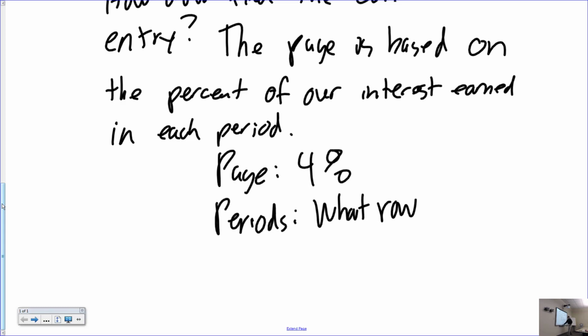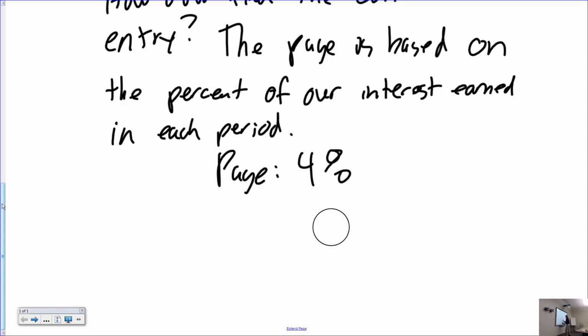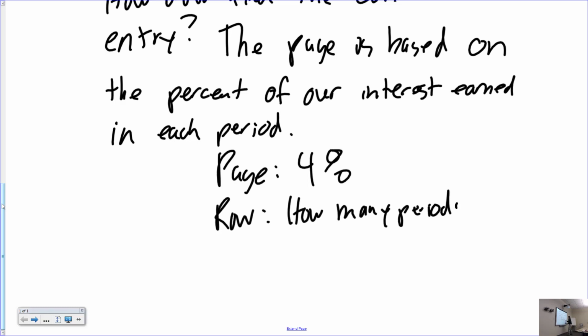I will call this what row to look on. And this is just basically how many periods are there. So in this case, we have 4. So in that first column on the 4% page, the 4th row, what's our table value?